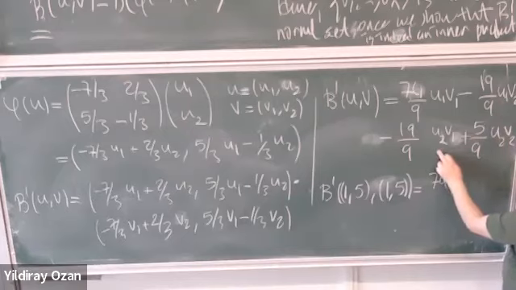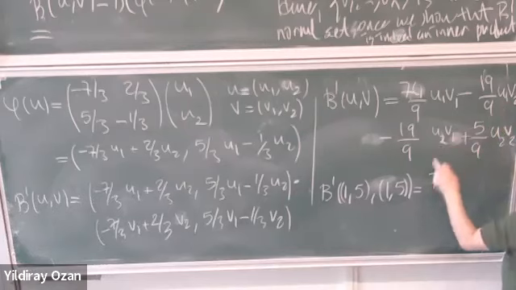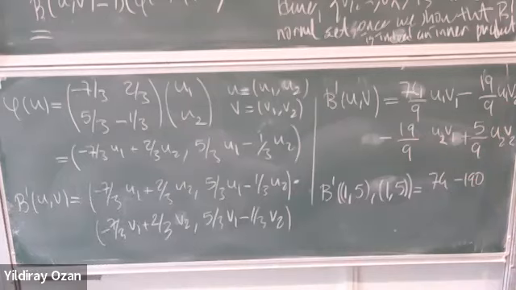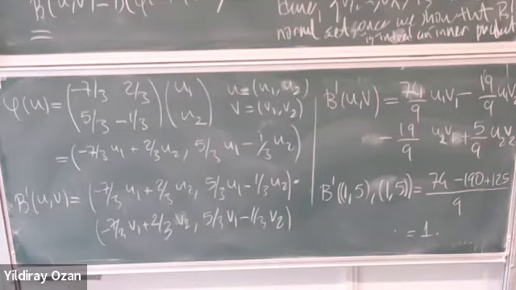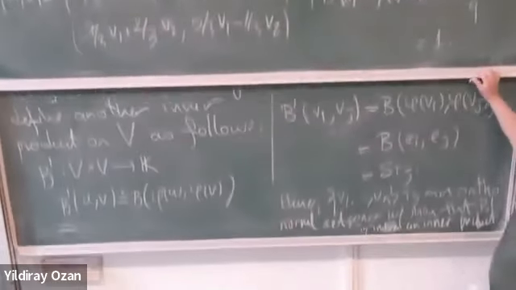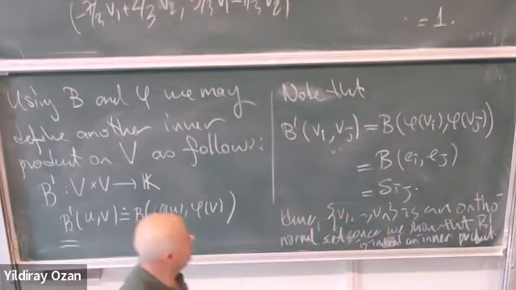Burada da 1 ile 5 gelecek. 5, 2 tane var. 10, eksi 190. Burada da 5 ve 5, 25, 125. 125 bölü 9. Değil mi? Okey. Boyu birmiş demek ki o vektörü.